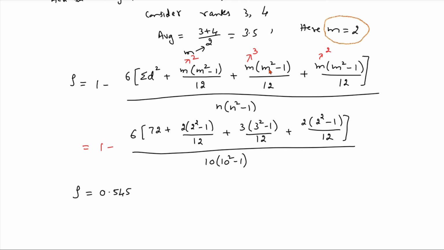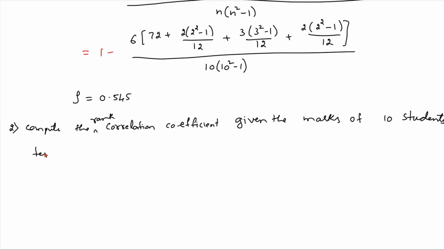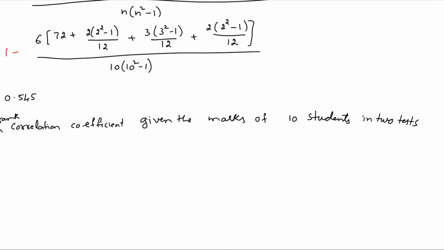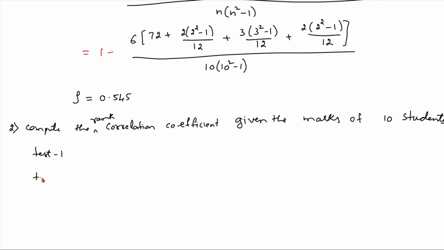I'll just give one more similar example for your homework. Compute the rank correlation coefficient given the marks of 10 students in 2 tests. So test number 1 and test number 2. You can take test number 1 as x, test number 2 as y.